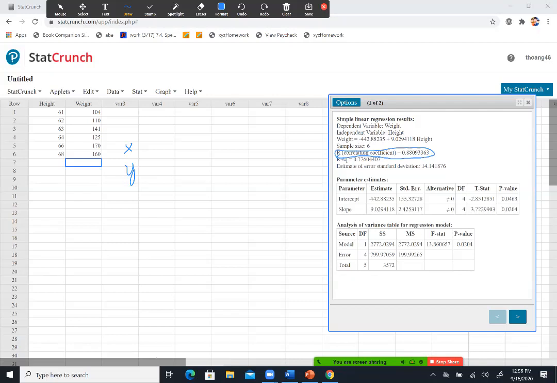That gives you 0.88093363, right? That's the correlation coefficient. Also, sorry, R-sq is actually R square. When you take the square of the correlation coefficient, you get this number. But for now, the main thing you look at is R, the correlation coefficient.